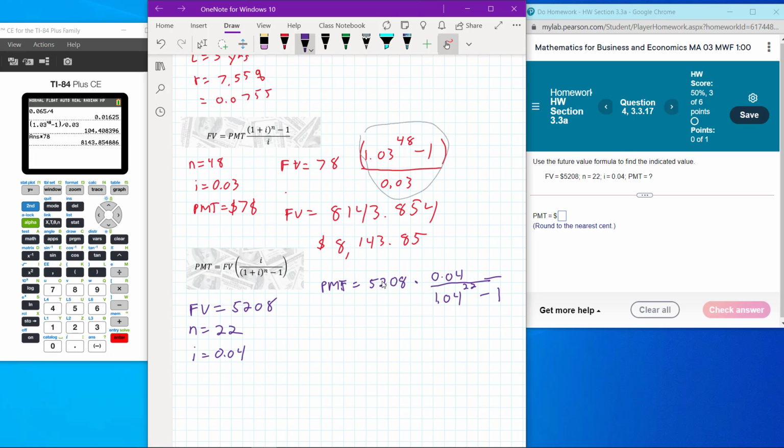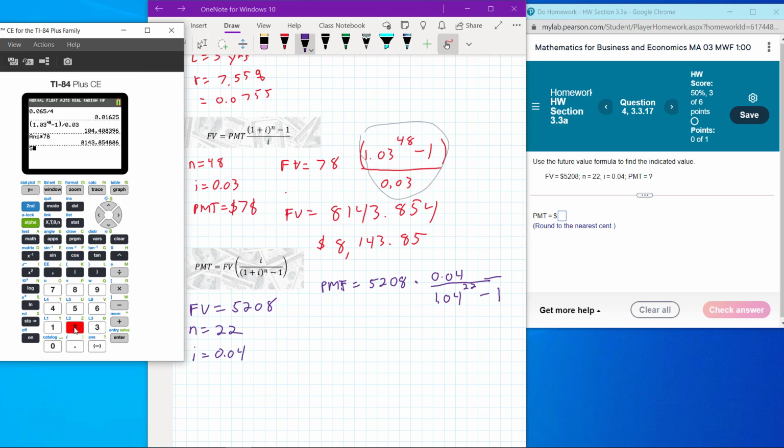First, we can multiply the two values in the numerator together. So that would be the 5,208 with the 0.04 times 0.04. Then we can divide it. And now to do this part, we're actually going to need to use parentheses.